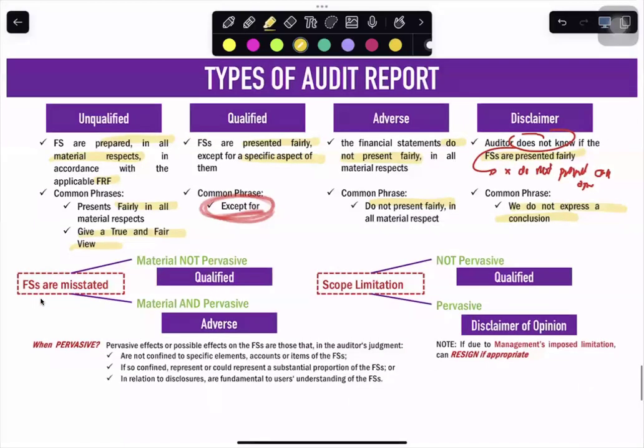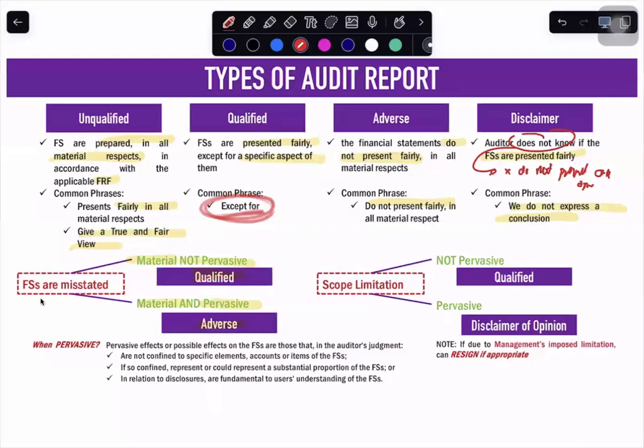So first, let's look into the differences. If the financial statements are misstated, and it is material but not pervasive, it is purely qualified. If it's material and pervasive, it is adverse. First, what is material?